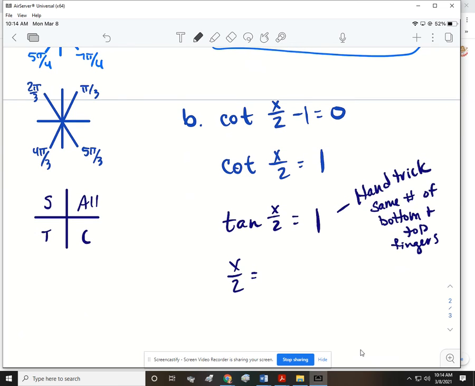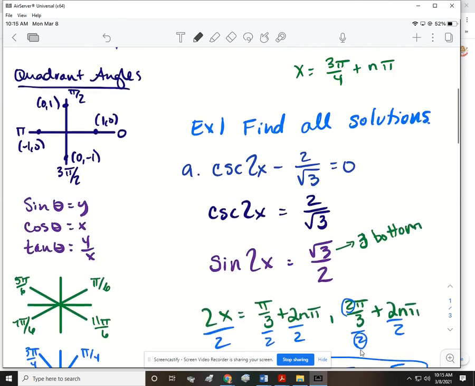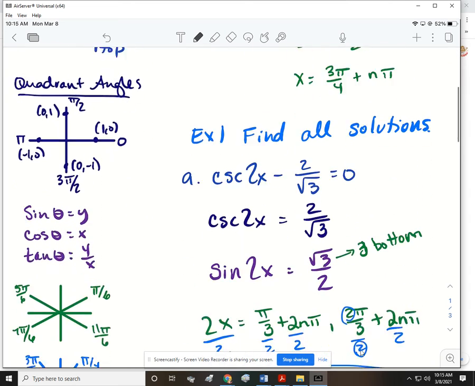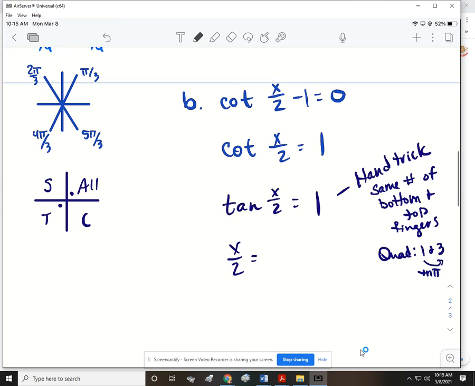Tangent is positive in quadrant 1 and in quadrant 3. And if we just take the one from quadrant 1 and add in pi to it, it does give you the one from quadrant 3. So all we need to know is what finger has the same number of top fingers as bottom fingers, and that's going to be the middle finger. So we get the square root of 2 over the square root of 2, or just 1. So that's pi over 4 plus n pi.